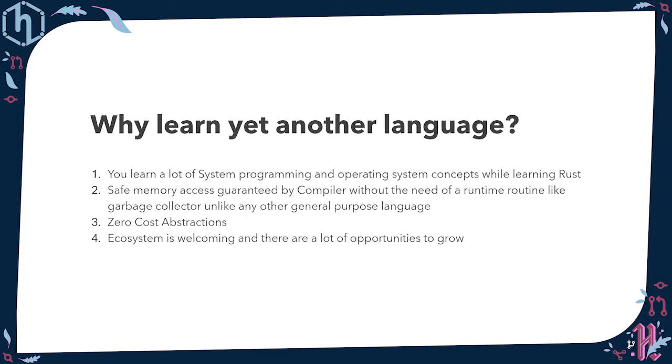The ecosystem of Rust is really welcoming, and there are a lot of opportunities where people really help you learn things better, and you can grow a lot more as a person who understands deep down what's happening on a compiler level, or on a language runtime level, in other languages or Rust for that matter. So yeah, that will give you a very good place to expand your knowledge.